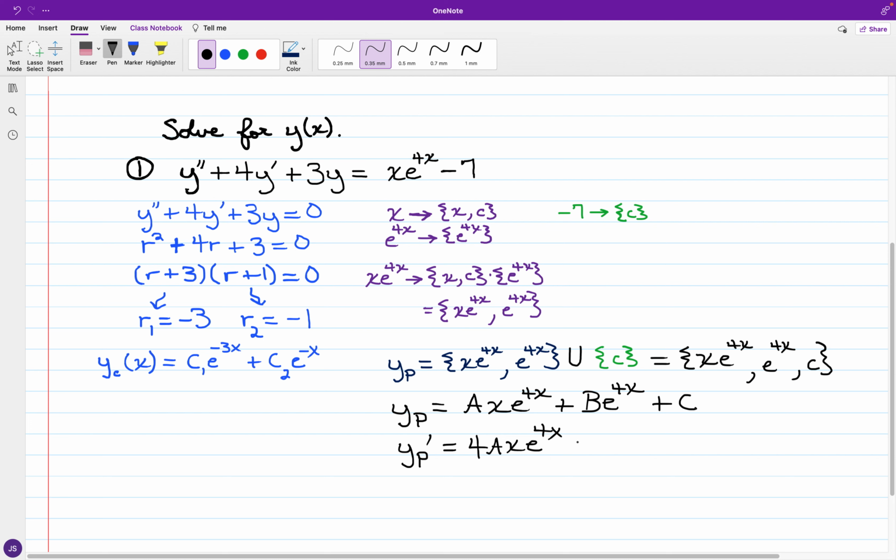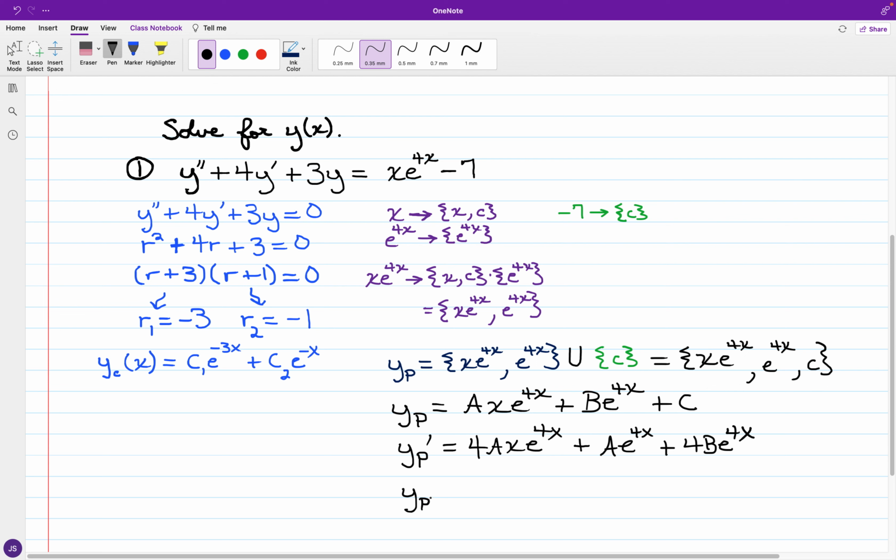I can do a little bit of consolidating later on. So we have ae to the 4x plus 4be to the 4x, and the derivative of the constant c is going to go out.